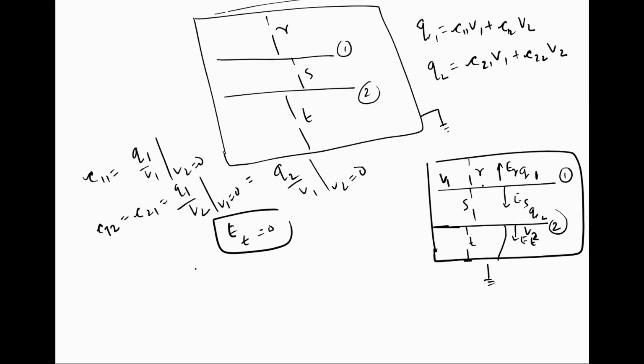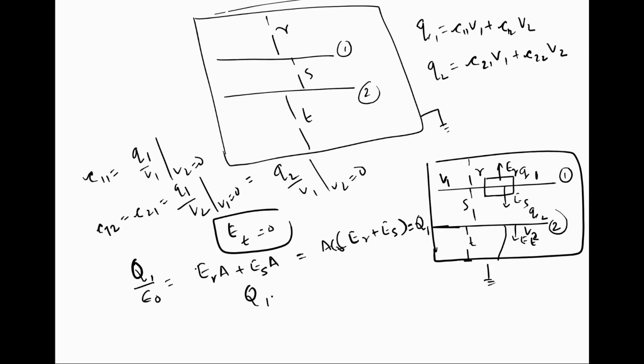So we will make a Gaussian surface like this. You see the total charge enclosed is equal to ER into A plus ES into A, or ER plus ES times A epsilon naught is equal to the total charge Q1.